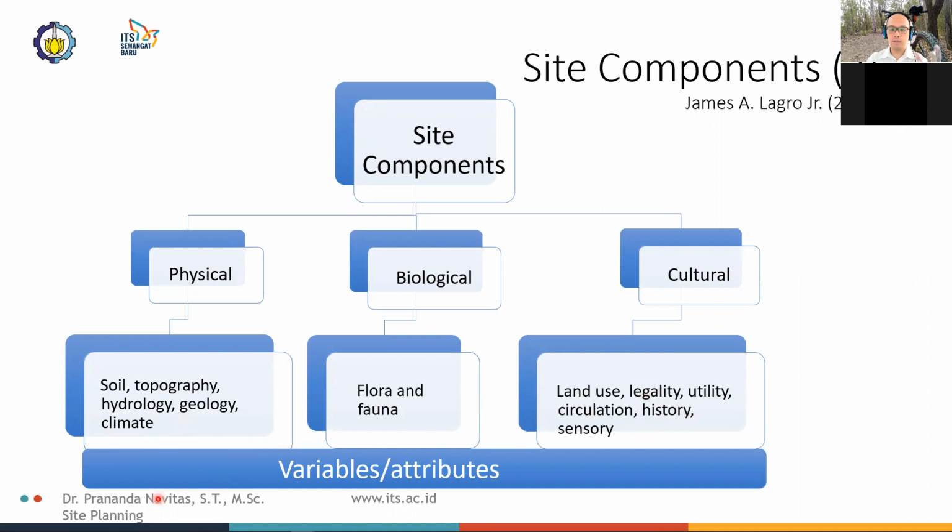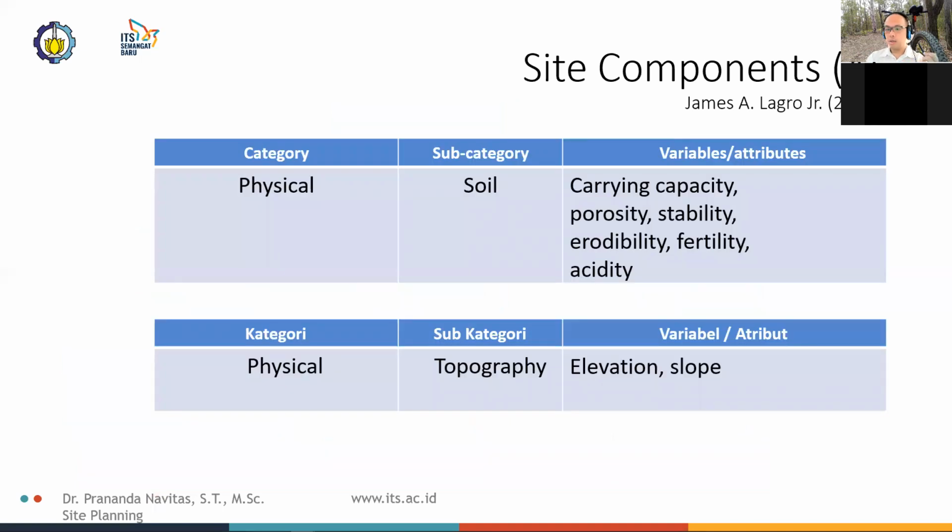And what Lagro did was he continued to describe these components according to their variables, or their respective attributes. For example, it might be a physical component, categorically speaking.